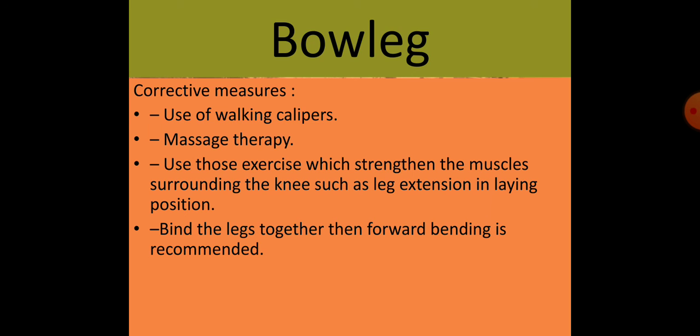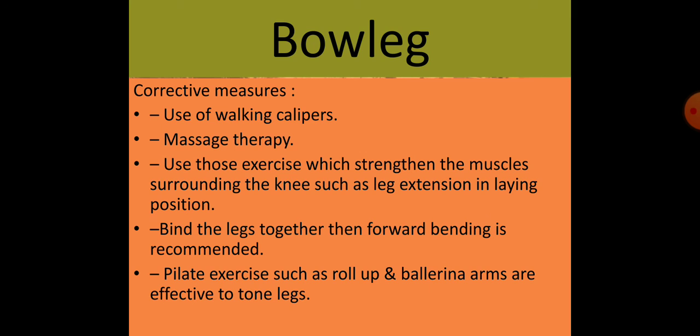Bend the legs together and then forward bending is recommended. Pilates exercises such as roll up and ballerina arm are effective to tone the legs. Garudasana and Ardha Matsyendrasana can be performed.